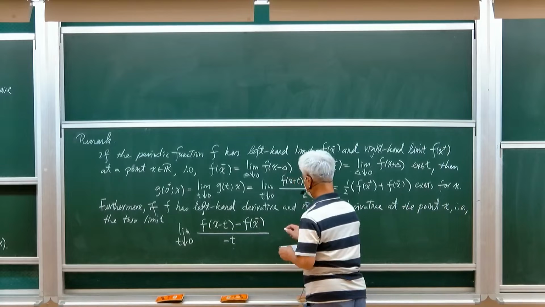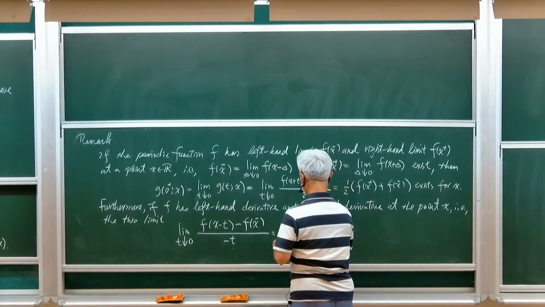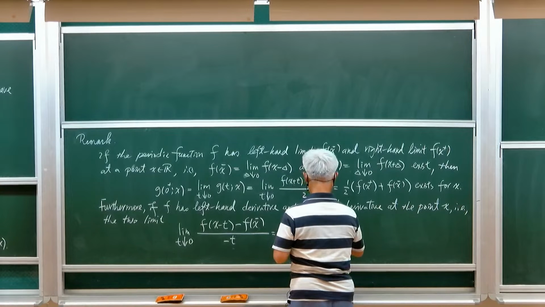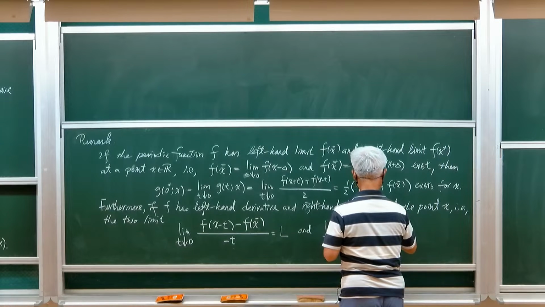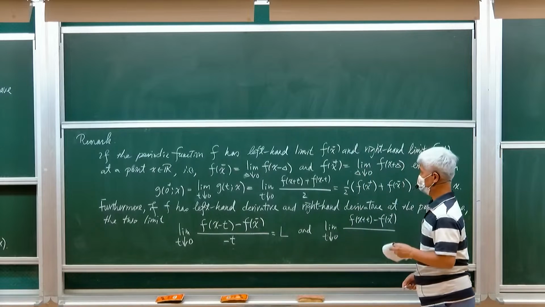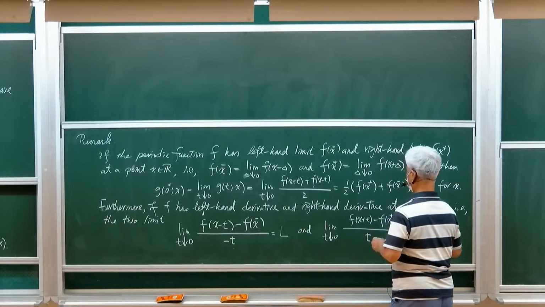Okay. And this limit we call L, and for the other limit we use the right hand limit. So this is t, it's R. Okay.